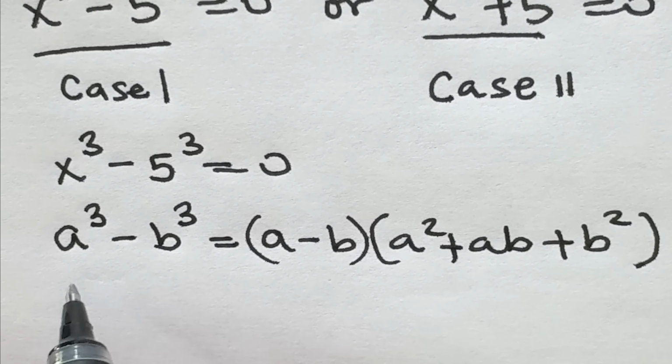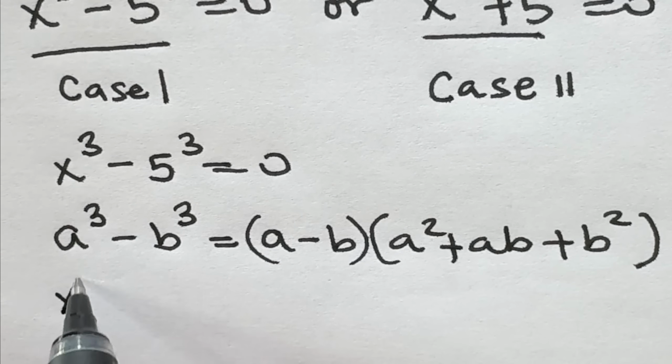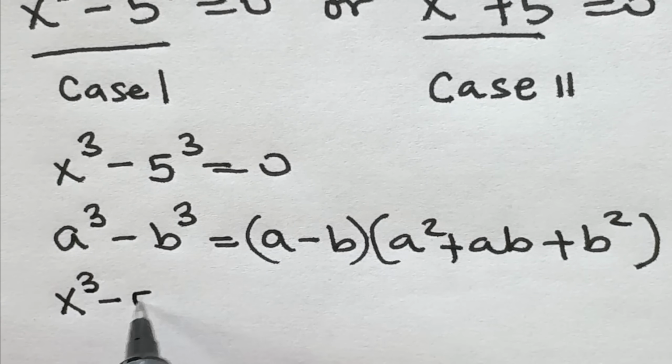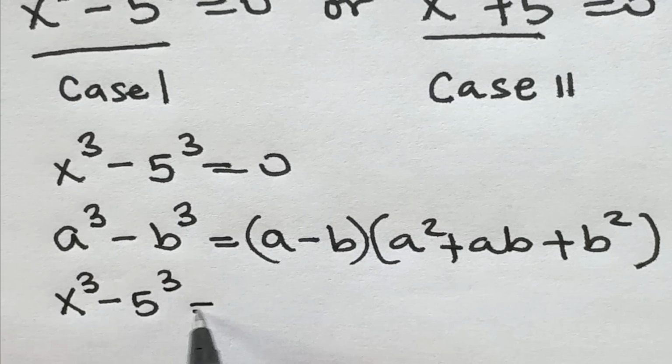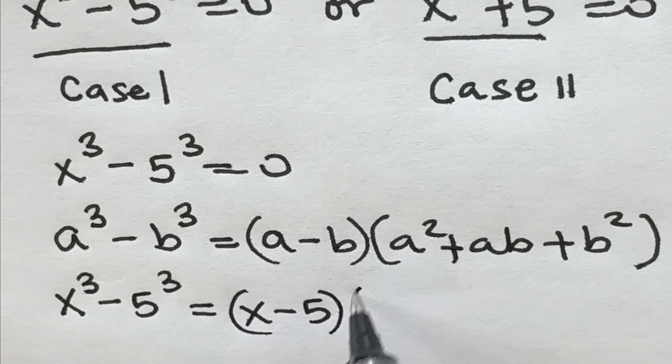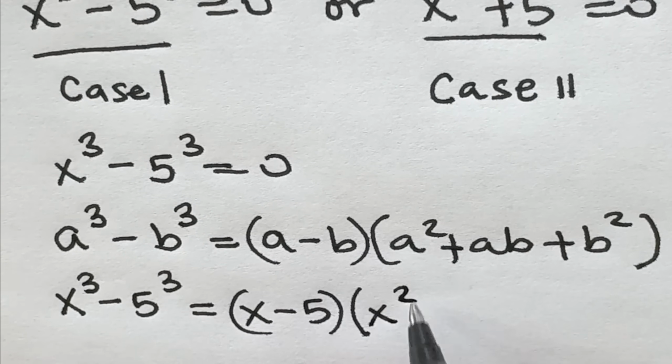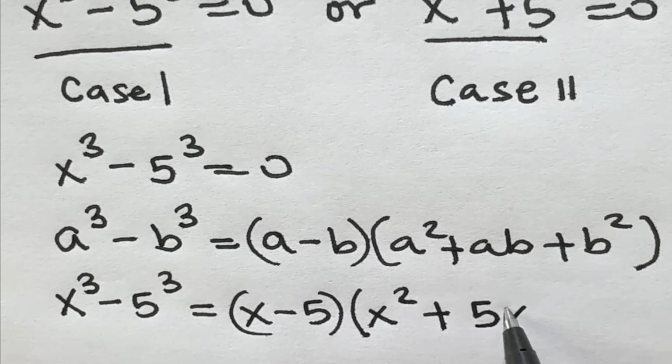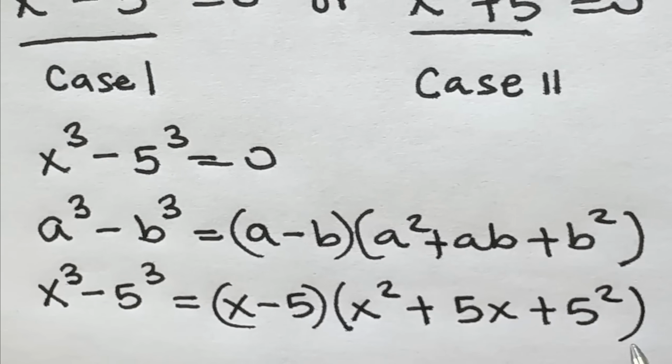So we are going to have x raised to power 3 minus 5 raised to power 3 is equal to x minus 5 into x squared plus 5x then plus 5 squared is equal to 0.